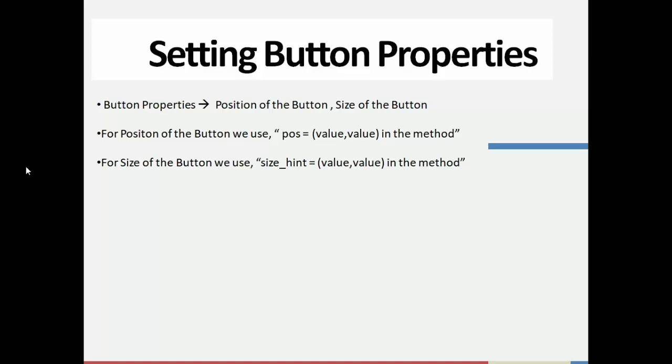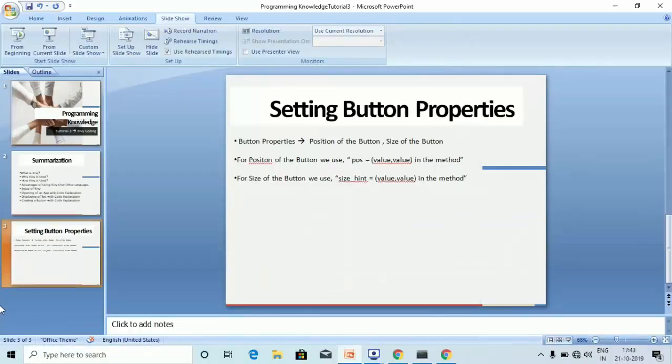These are the x and y axis we define in the method. Then for size of the button, we use size underscore hint, followed by two values, value comma value, which we are going to define in the method. Let's now go and run this by applying it in the code.